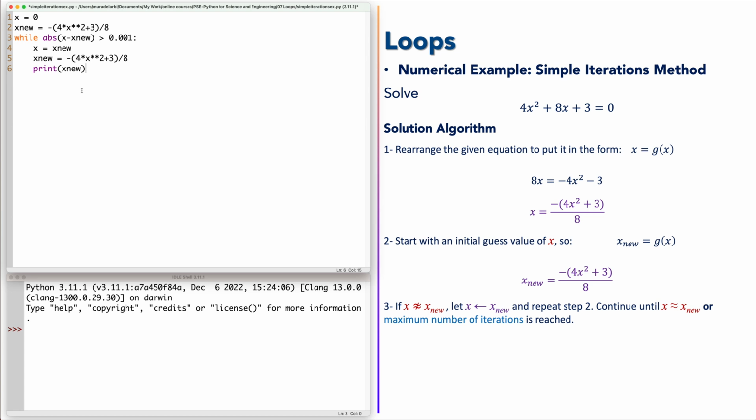So our loop now is ready to run and check the difference of each iteration. But what about the number of iterations? Because we see here in the algorithm it says continue until x is almost equal to x new, or the maximum number of iterations is reached. So that means we need to count the iterations. Since the while loop does not provide us with a counter, we need to add one. So we add the two main components of the counter.